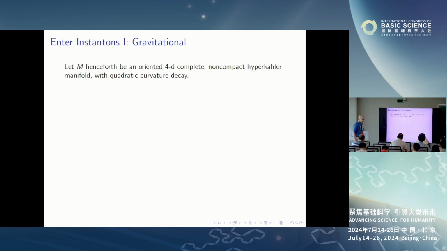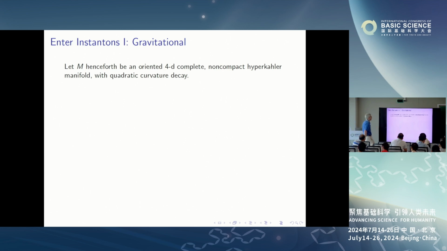Okay, so first we'll need instantons, but before we get to Yang-Mills instantons, let's start with gravitational instantons. So henceforth, I want M to be an oriented, four-dimensional, complete, non-compact, hyperkähler manifold with quadratic curvature decay.